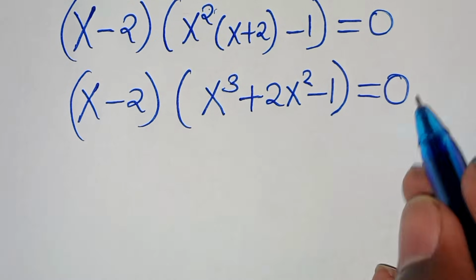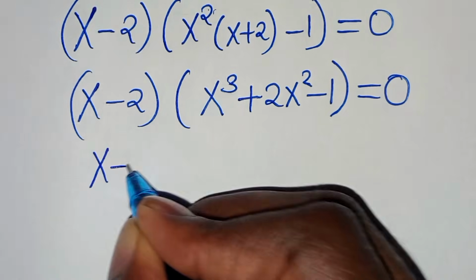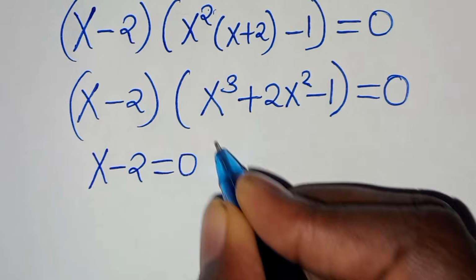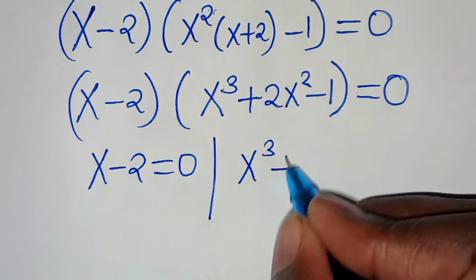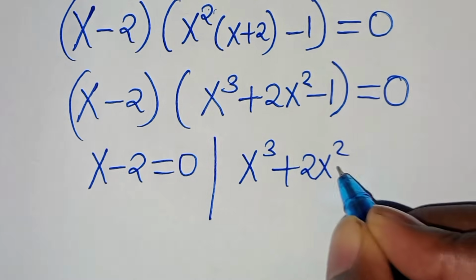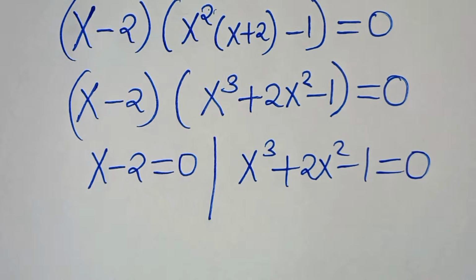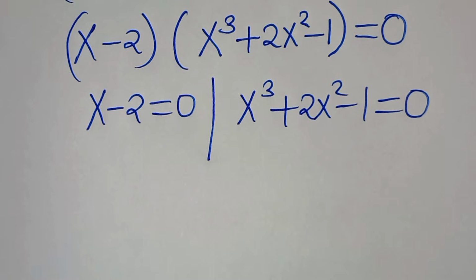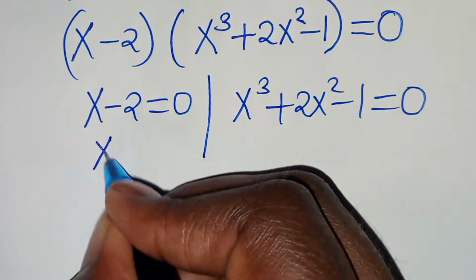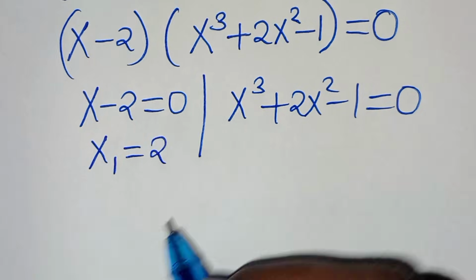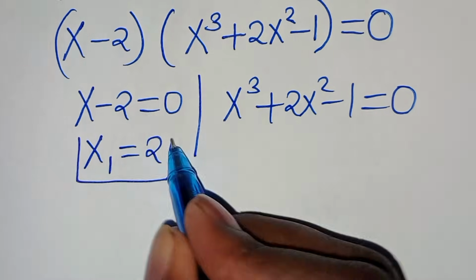Now we have got two parts here: x − 2 = 0, and x³ + 2x² − 1 = 0. From the first part, we have x₁ = 2.